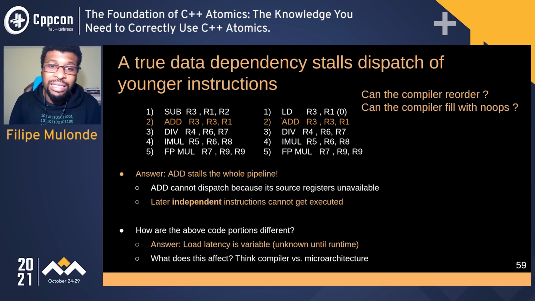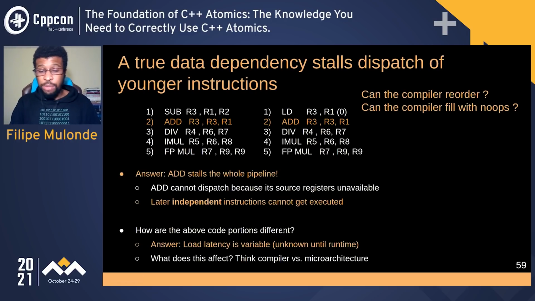Why? Well, because the second instruction is in the way. We cannot move the second instruction to a functional unit until the first instruction completes. It's a true dependency. The add instruction, in this example, stalls the whole pipeline. The add cannot be dispatched because its source registers are unavailable, and later independent instructions cannot get executed.